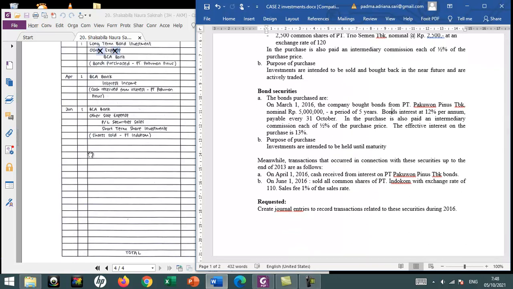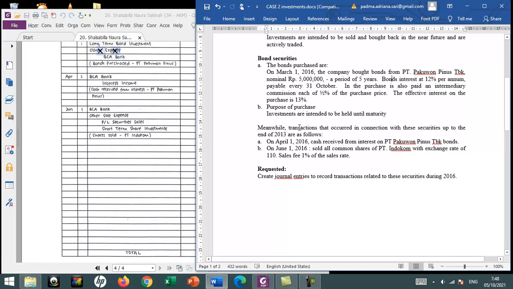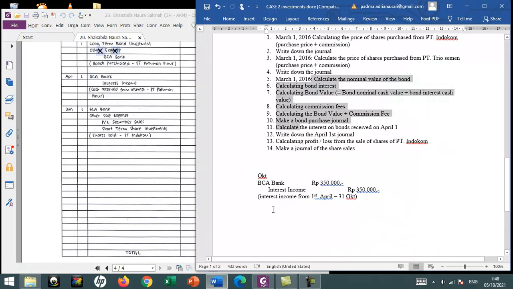So you can add it here. 31st October, BCA Bank and interest income. The debit is BCA Bank, the credit is interest income. So from 1st April to 31 October is 8 months, right? Okay, I already wrote it down here. So from 1st April to 31 October is 8 months.